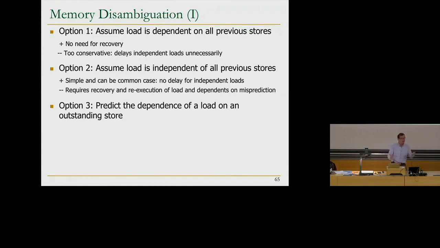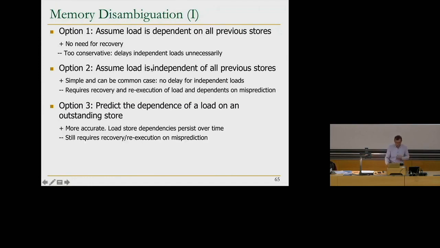So there needs to be some checking that needs to happen. When the store computes its address, it needs to check whether there was a load that actually assumed that it was independent of the store. So that's a mess. It requires recovery and re-execution of the load. So existing machines actually flush the pipeline whenever they're wrong.